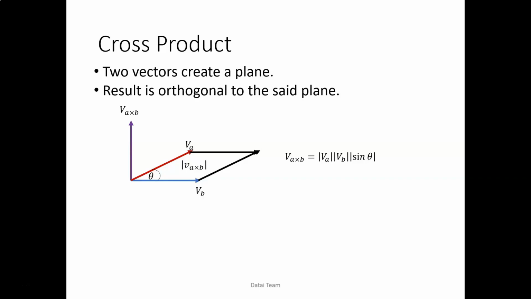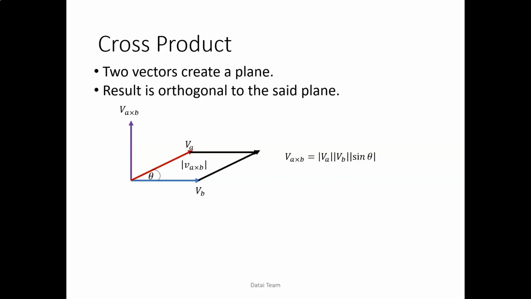So we have vector A and vector B. We can add them up and we can get a parallelogram or a shape like that, and depending on their shape, it can be a rectangle or a square as well. And we have the cross product that's perpendicular to that. So the cross product gives you a vector that's perpendicular to the plane that the original vectors create.